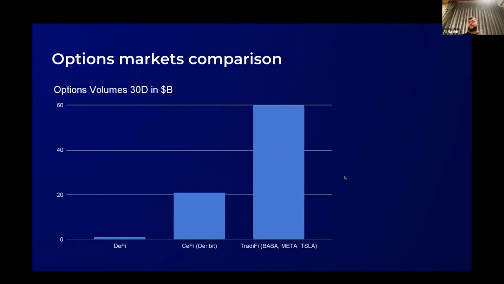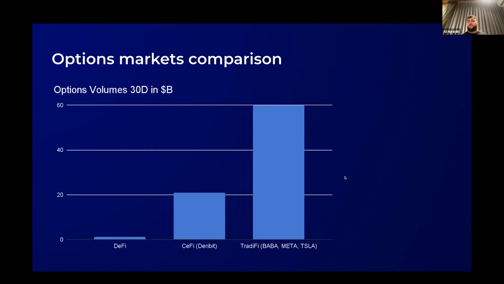So for rough calculations, to just give you a perspective, I took a 30 days volume in billions of dollars for the top 10 option protocols by TVL in DeFi. For CeFi, I took Deribit's trading volumes, and for TradFi, I just took Alibaba, Meta, and Tesla shares, US stock options.